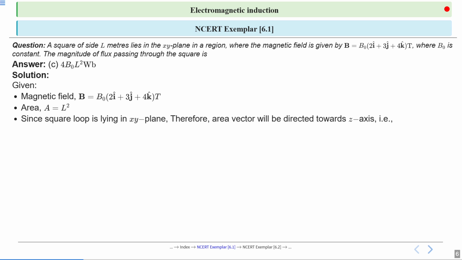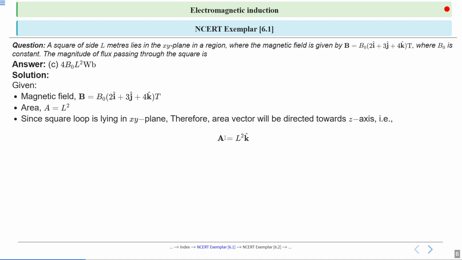Since square loop is lying in XY plane, we know that area vector is perpendicular to the surface, or we can say plane, of the square loop or any loop. So square loop is in XY plane, so area vector will be directed towards Z axis. Now this is the notation for area vector.